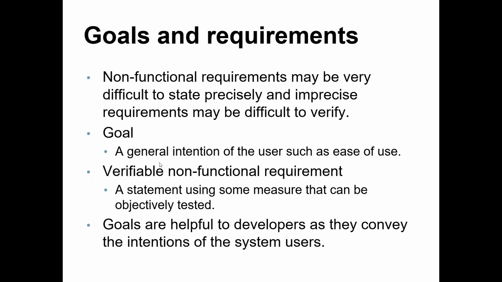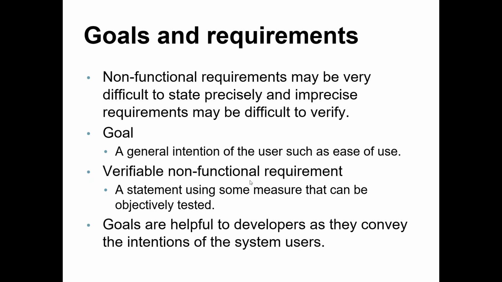A goal is a general intention of the user, such as ease of use. So that is something that you're aiming at. Now, how can you determine the ease of use?